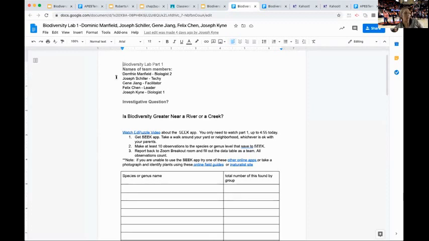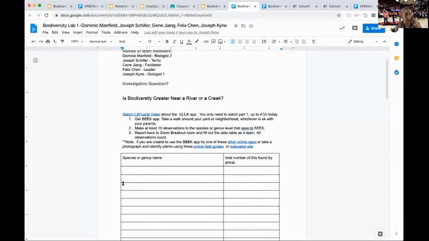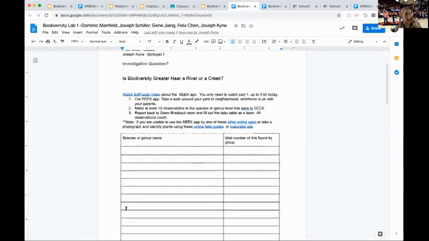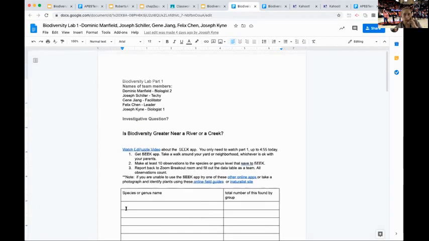So if Dominic, Joseph, Jean, and Felix are all in this group, they all need to have editing privileges so they can be adding the species that they're finding. Yes, you are only using one Google Doc per team, and you'll have one Google slide per team.